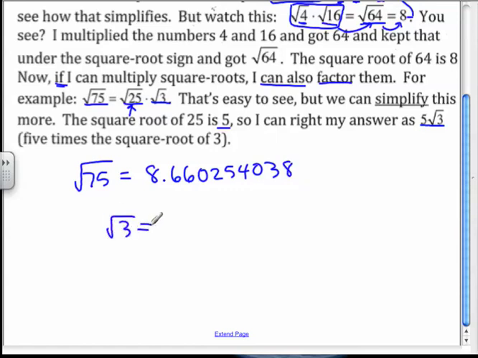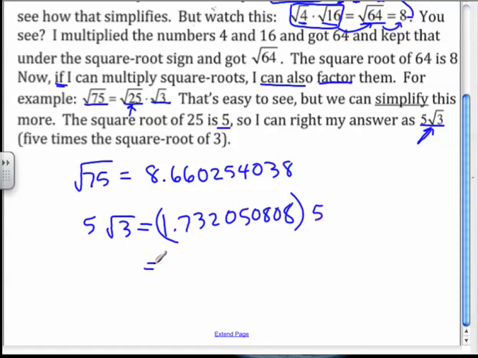That's going to be 1.732050808, and then I'm going to multiply that by 5, because remember I've got 5 square root 3 here, and guess what I'm going to get? If I multiply that by 5, I'm going to get 8.660254038. The same exact thing.